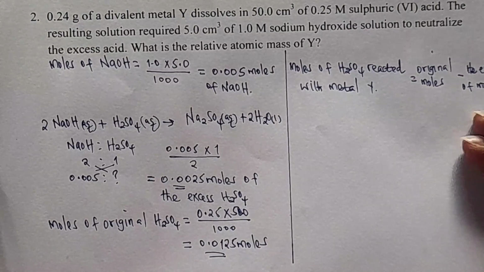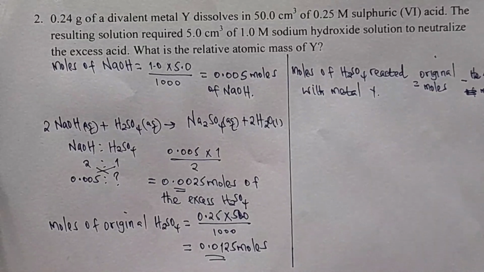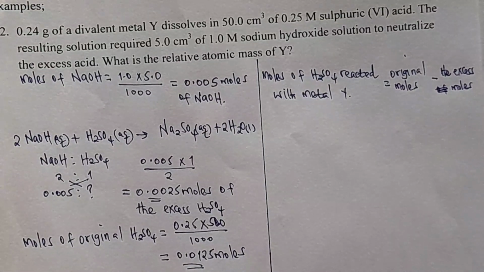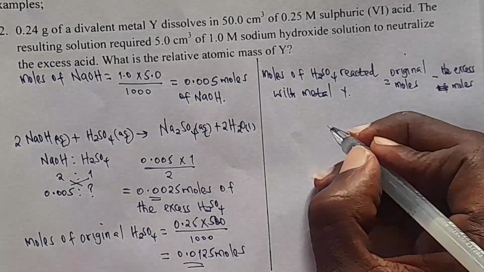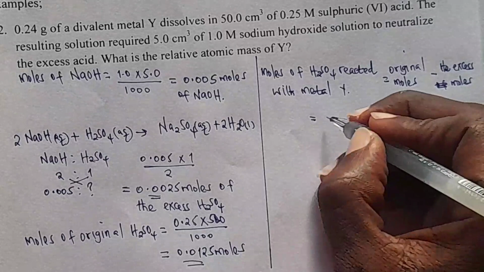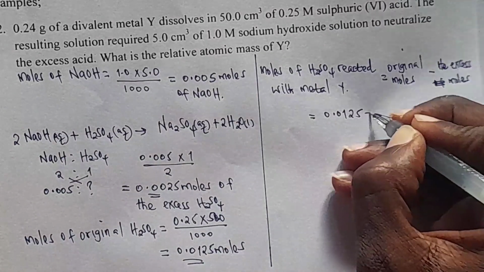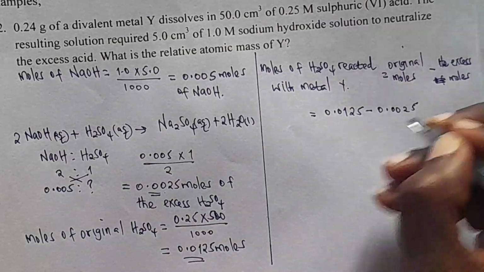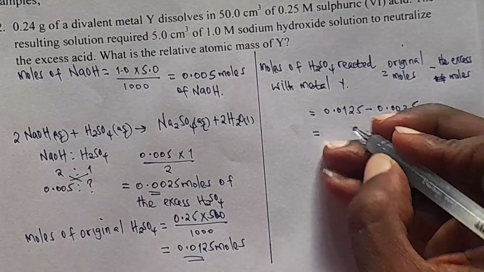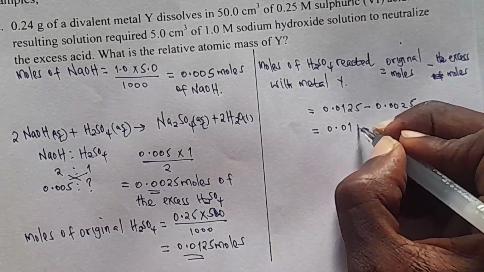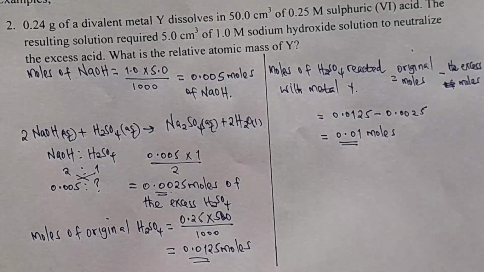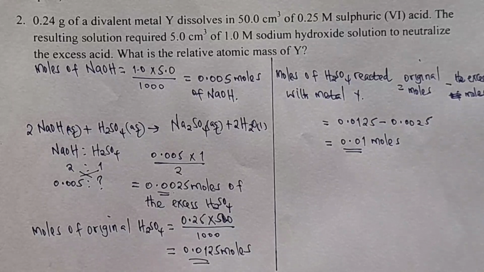That will be the formula. This will be equal to the original moles, 0.0125, minus the excess moles of sulfuric acid, which is 0.0025. We are going to get 0.01 moles. So this will be the number of moles of the sulfuric acid that reacted with metal Y.